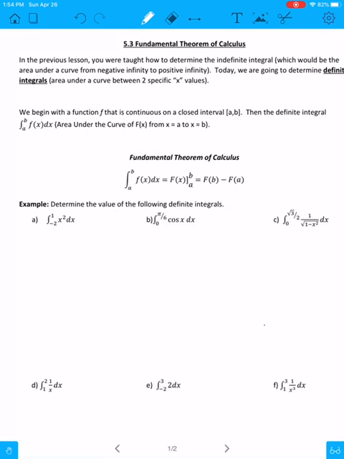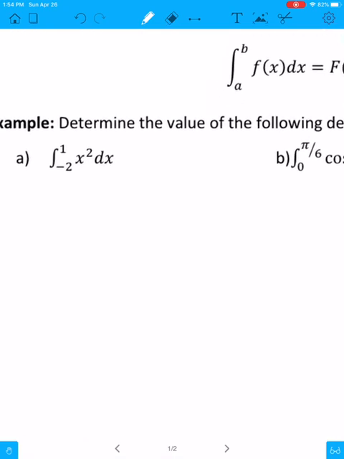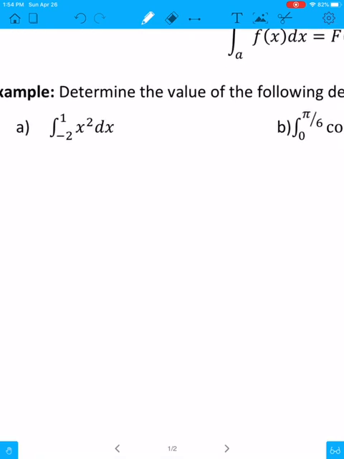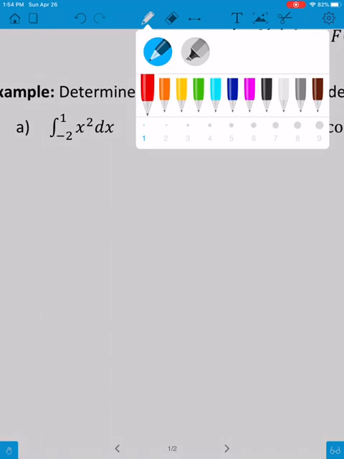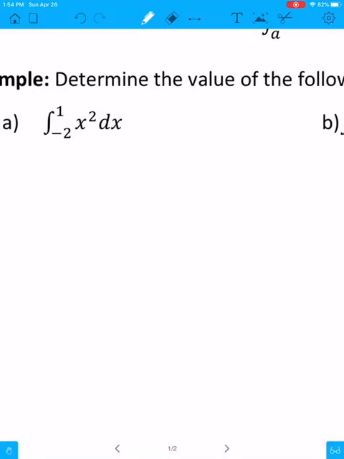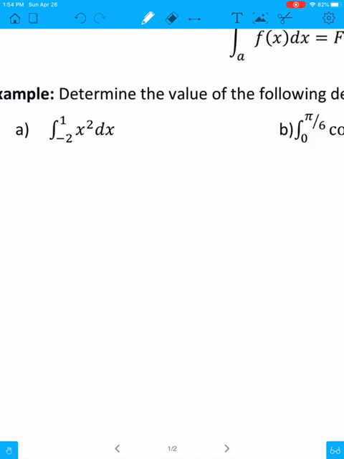Determine the value of the following definite integrals. Here we have, between negative 2 and 1, under the curve of x squared, we're trying to find that area. Okay, so first thing we're going to do is the antiderivative of x squared.